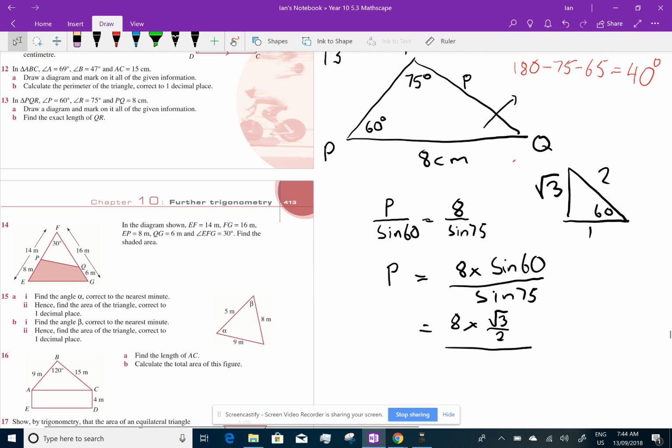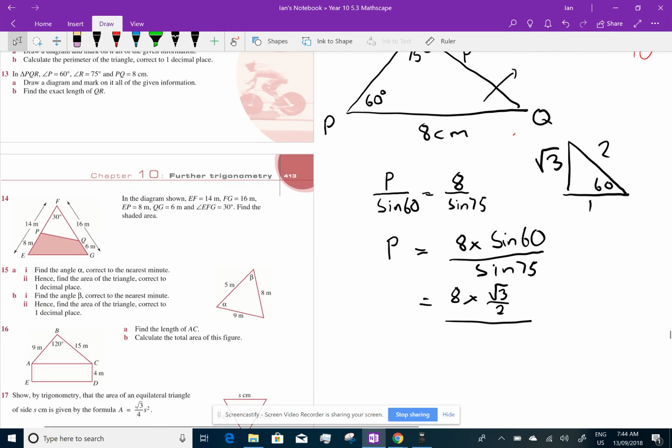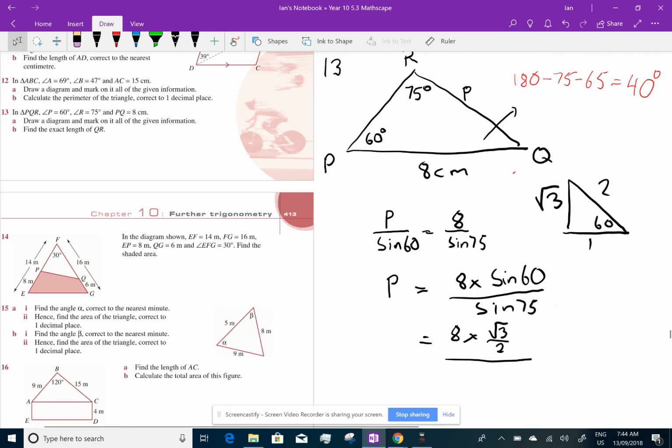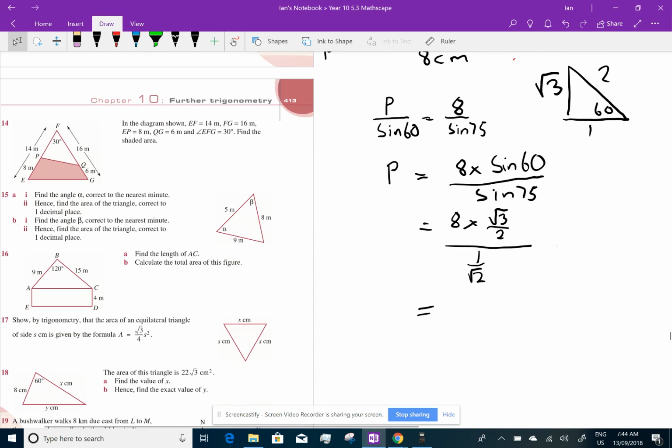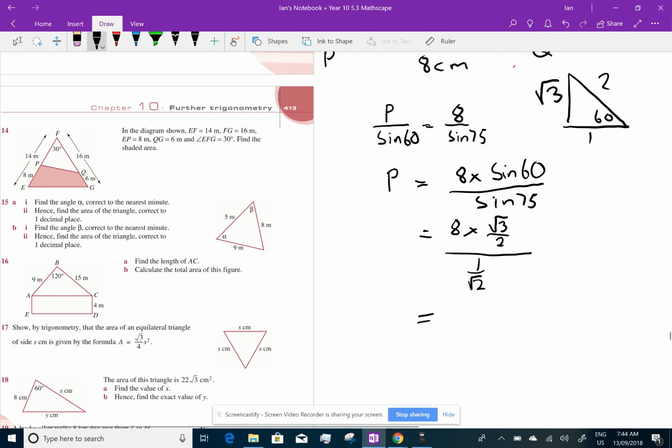I think it's a typo because I'm looking at the answer, and the answer is 4 root 6. And for it to be 4 root 6, this has to be 1 on root 2. And I know sine 45 is 1 on root 2.